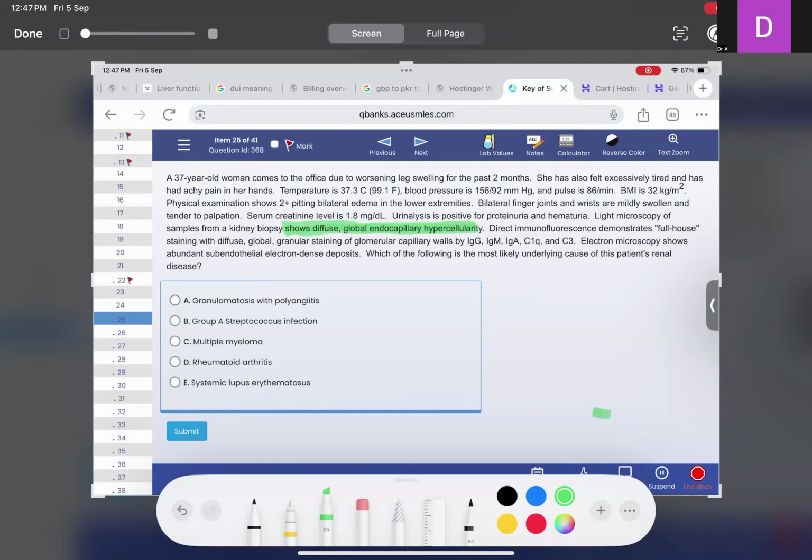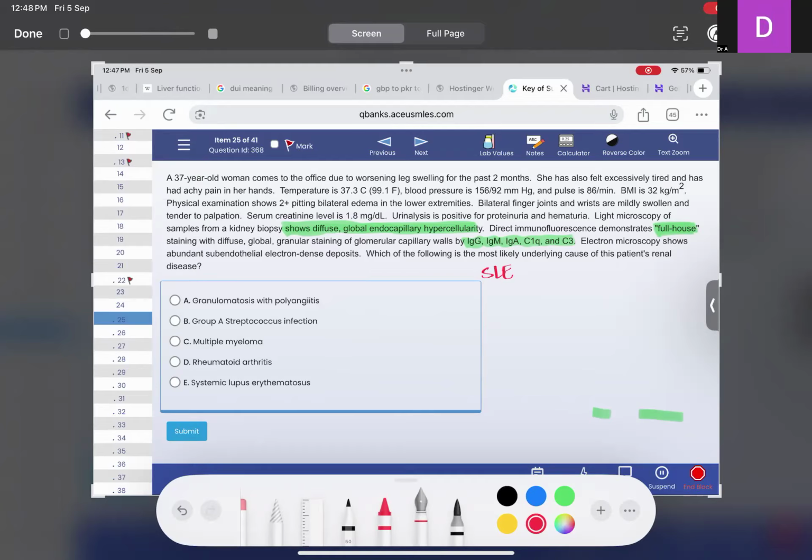DPGN, diffuse proliferative glomerulonephritis. And what else? Full house. So full house immunoglobulins are in what condition? DPGN due to SLE, right?